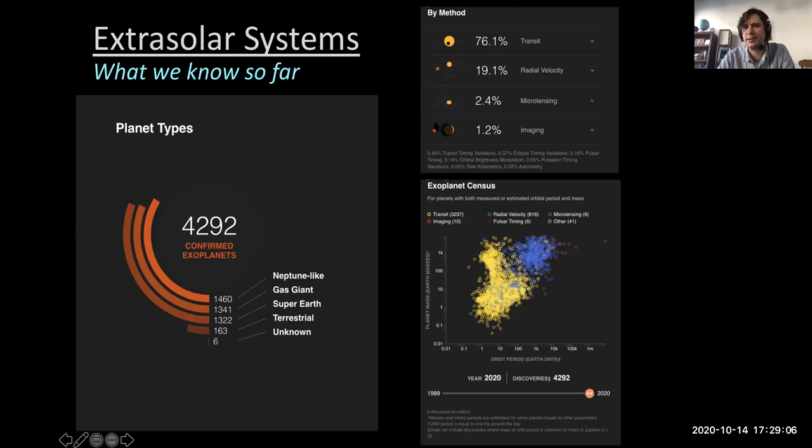These are the statistics on what method was discovered. What's really exciting is imaging. So direct imaging is becoming a more popular way of detecting extrasolar planets, as we have things like the VLT telescope that can do super high angular resolution. We could add a component to the telescope that blocks out the starlight and starts looking for the dimmer planet next to the star, usually in the infrared, because planets that we're used to only reflect visible light.